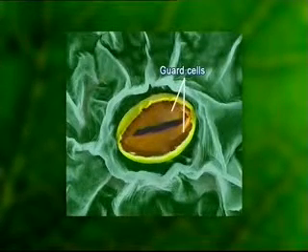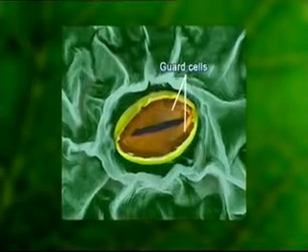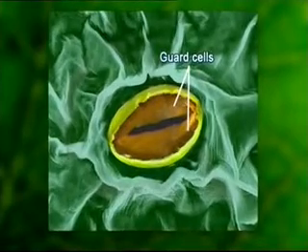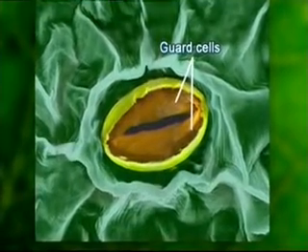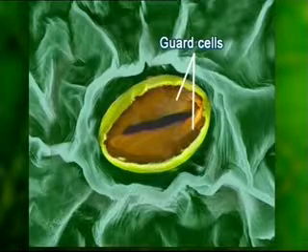Guard cells close the stomata in darkness, so much more water vapor is lost in light during the daytime. So that means light has an effect on the rate of transpiration by way of opening and closing of stomata.